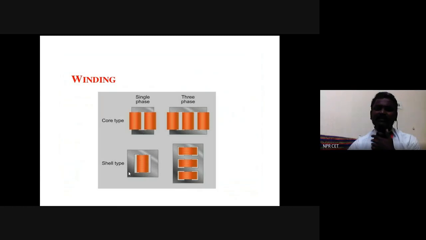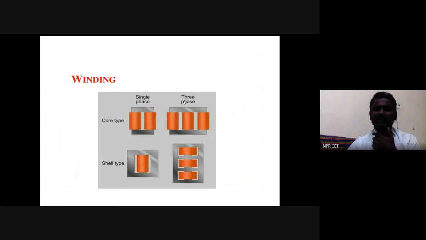Here one more path is there, two paths of magnetic flux, the first path and the second path. In the center portion the two magnetic fluxes meet and give more flux. So practically, we are using the shell type transformer, right?